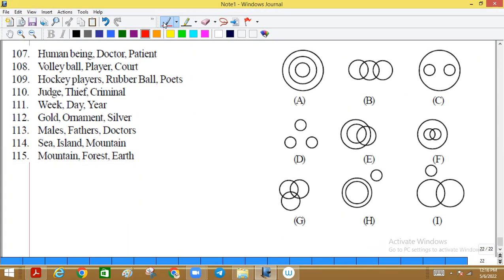What is the relation between human being and doctor? All doctors are human beings. So 'some' is not possible, so it is eliminated. Then which option? F, E, then C. First come to F.